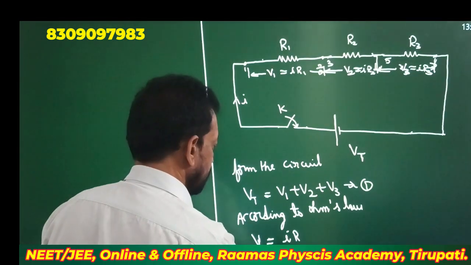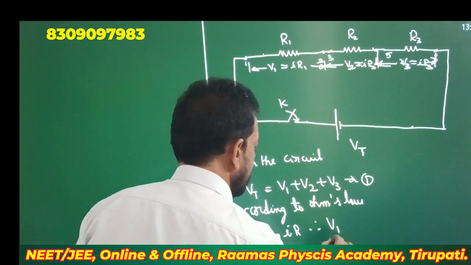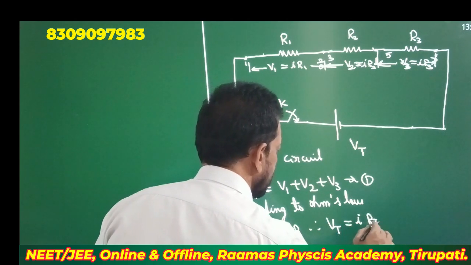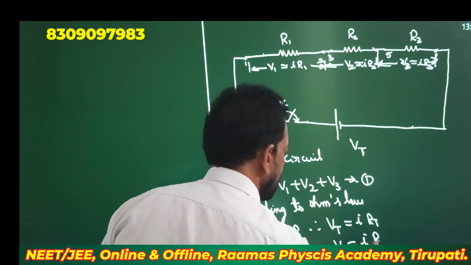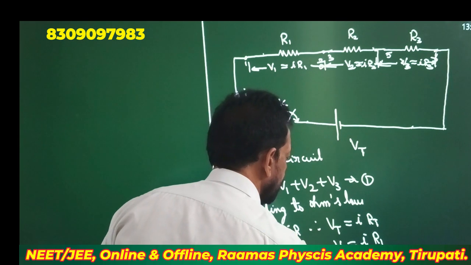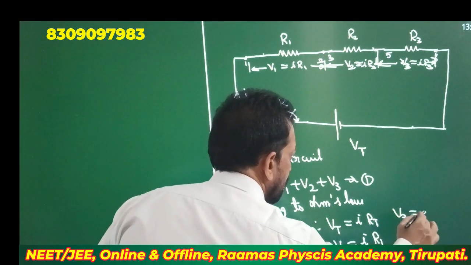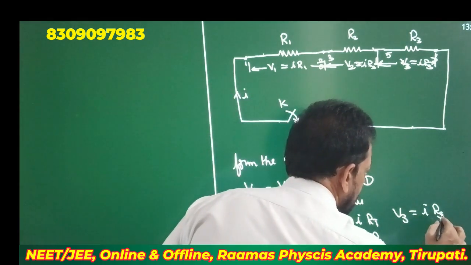So based on this, VT is equal to I RT. Similarly, V1 is equal to I R1, V2 is equal to I R2, and V3 is equal to I R3.